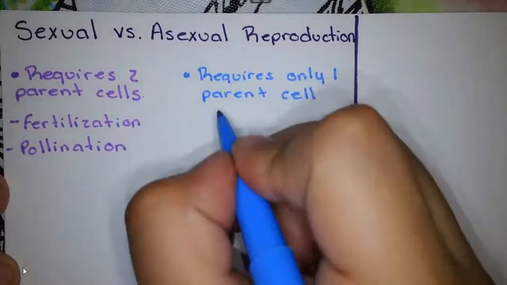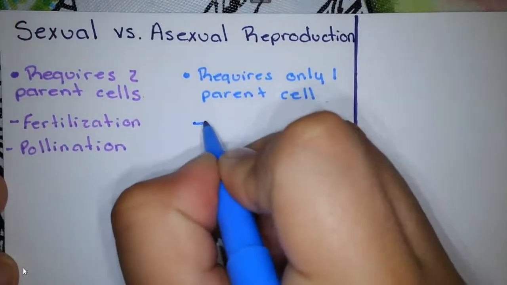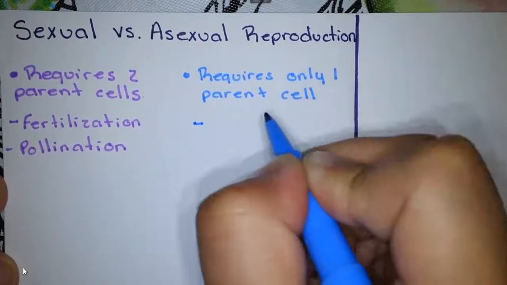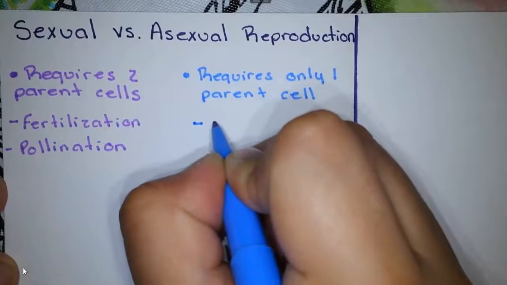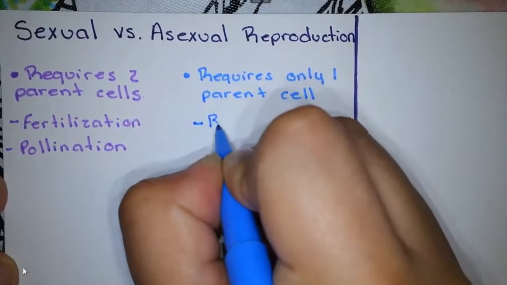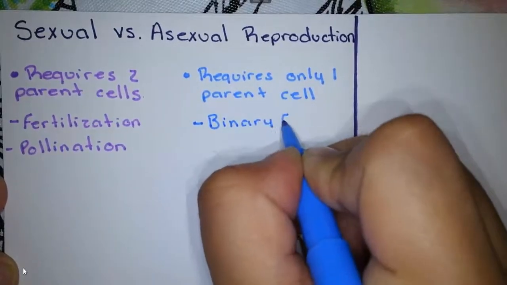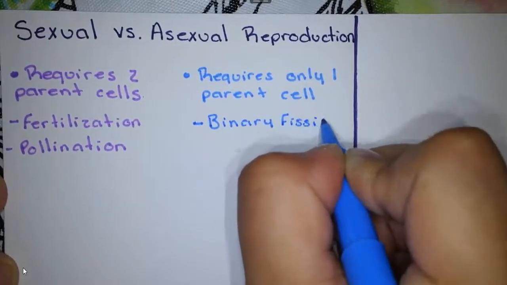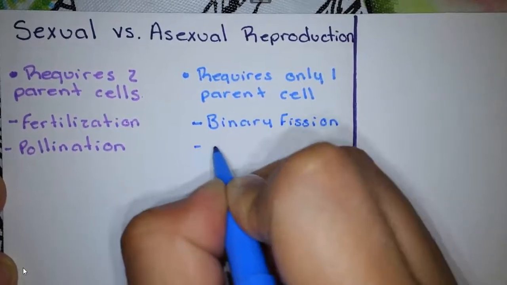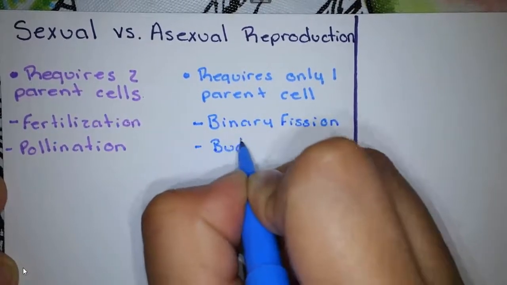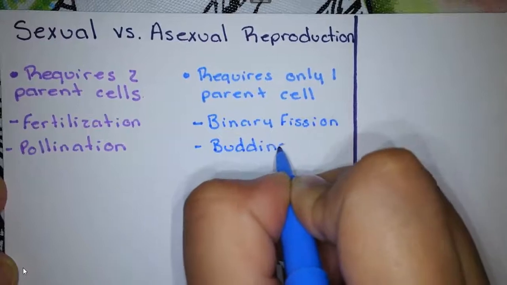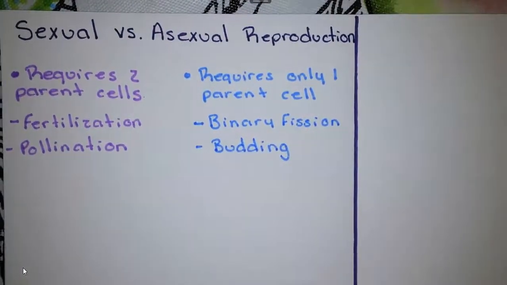And for asexual, it goes through binary fission or budding. Okay, and you can reference back to your notes.